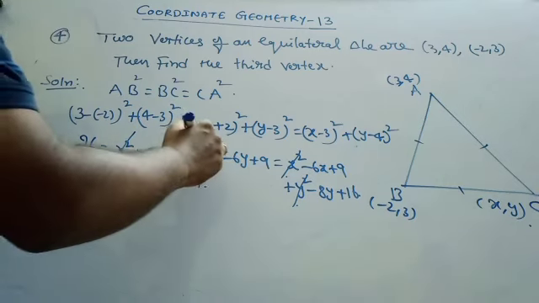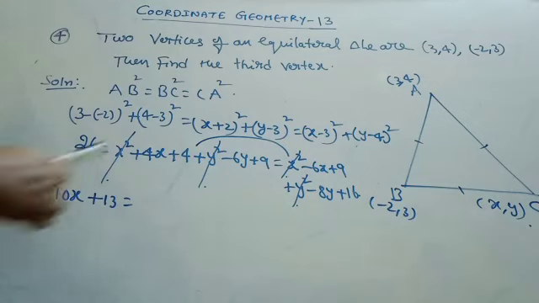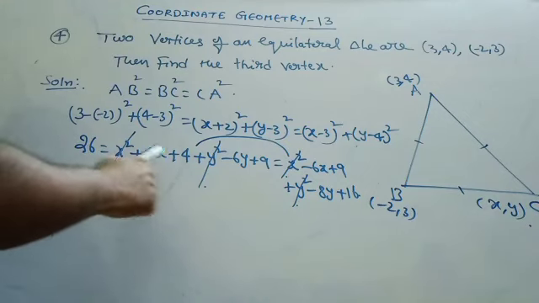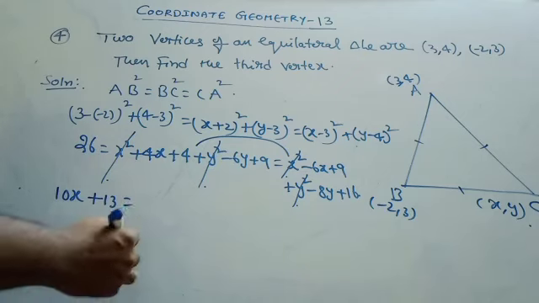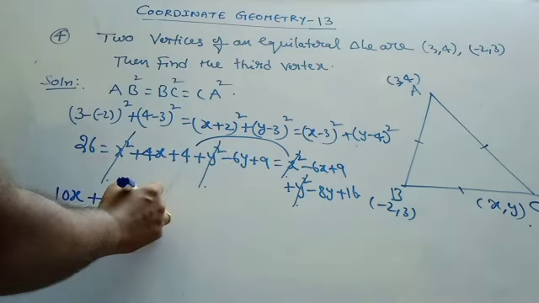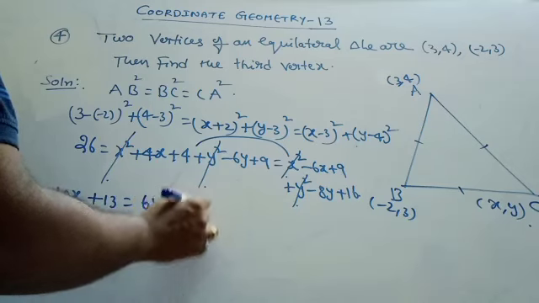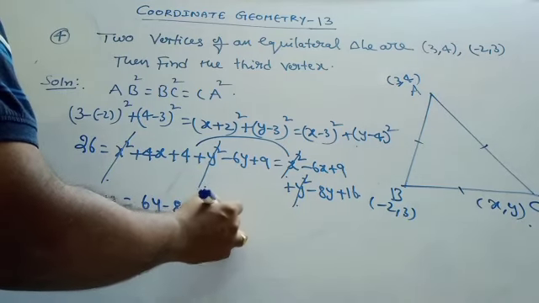We are going to equate only these two, right? Here 10x + 13, 9 plus 4 is 13, is equal to −6y; let us bring it to that side, and then you have −6y − (−8y)... 9 plus 16, that is 25.